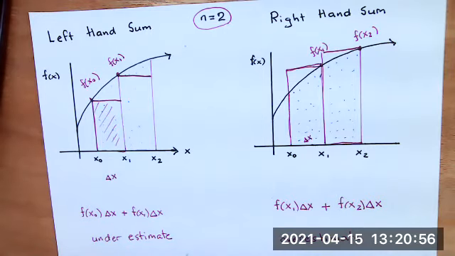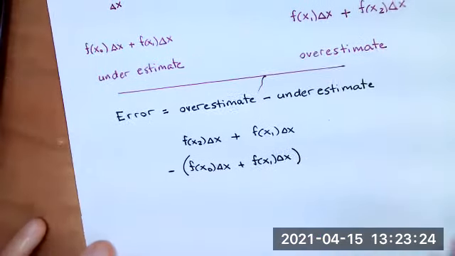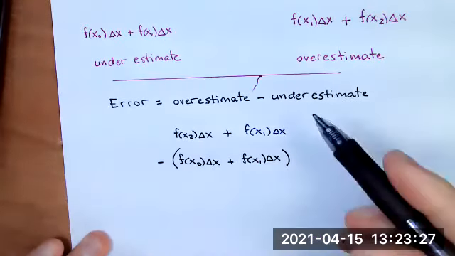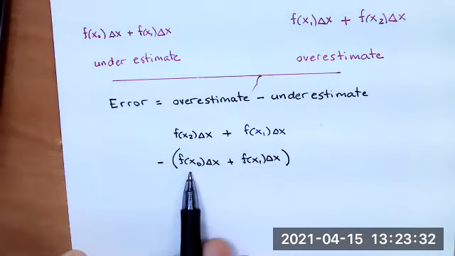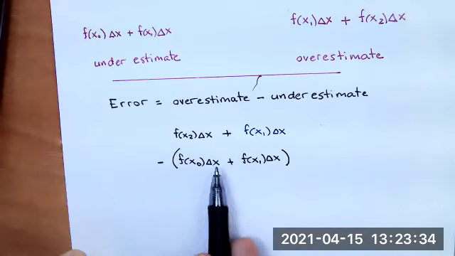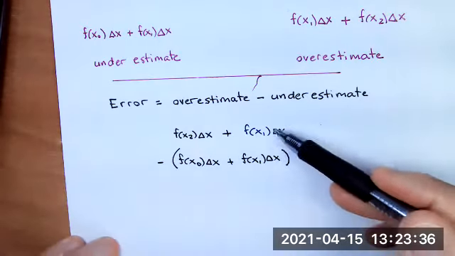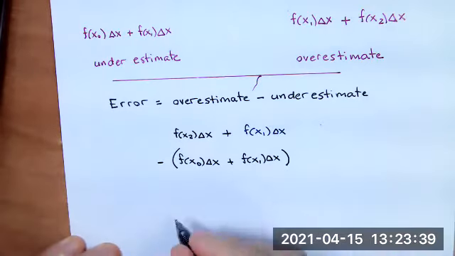All right. So if it's a monotonic function, we can find the error. The error is just the overestimate minus the underestimate. I'll write that down for you. We have our overestimate. To take away the underestimate, remember that you distribute this minus. So these terms will cancel out.